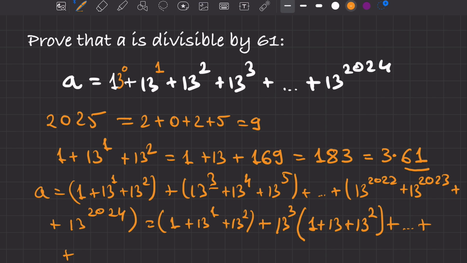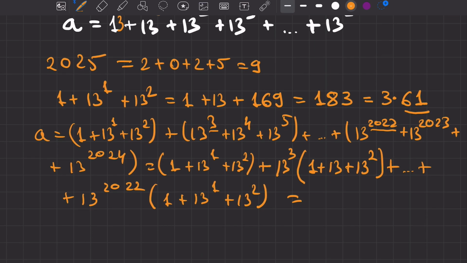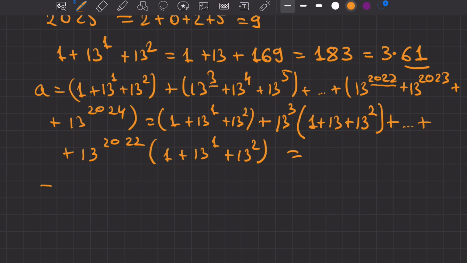And in our last parenthesis, we give 13 to the power of 2022 as the common factor. This is our greatest power. And we get in the parenthesis 1 plus 13 to the power of 1 plus 13 squared.